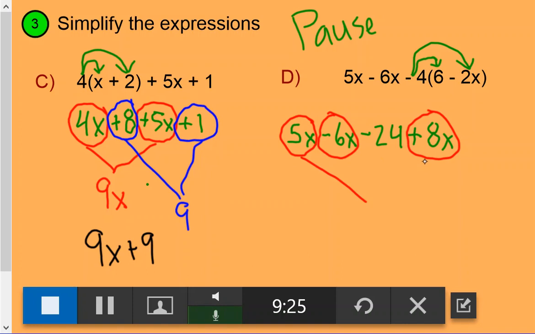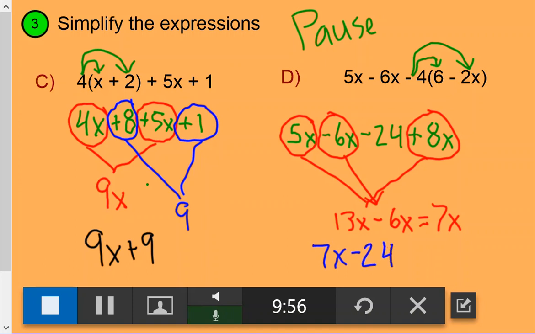So 5x plus 8x would give us 13x. And then I'm going to drop down this minus 6x. So now we have 13x minus 6x, which would give us 7x. Okay, and then we can bring down this minus 24, so our simplified expression will be 7x minus 24.